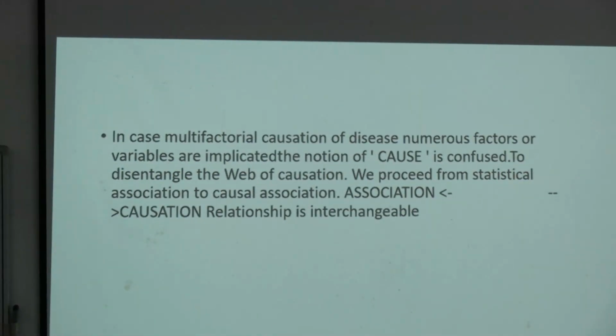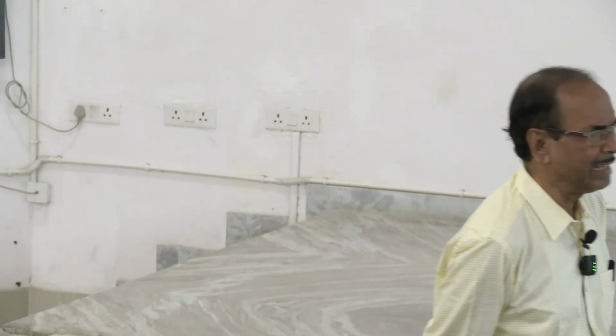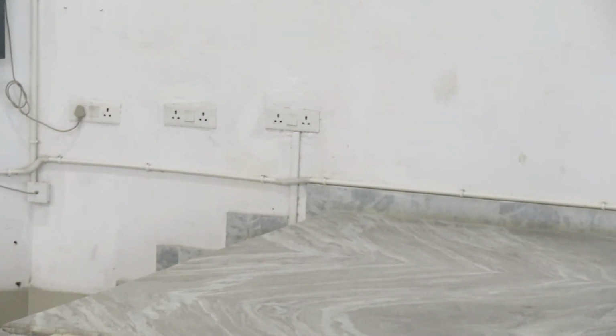Now, in certain diseases, there is no single cause. For example, in tuberculosis of the lung, the causative agent is Mycobacterium tuberculosis. But in certain diseases, there is no single cause. For example, coronary heart disease or myocardial infarction, which is sudden death of the patient.